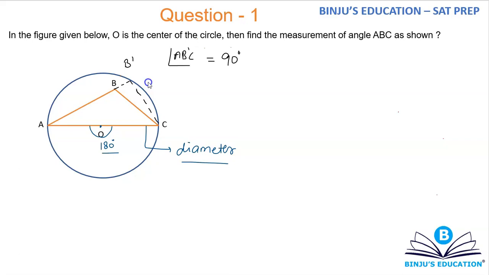We know this property. So if AOC is 180, AB dash C has to be 180 by 2, which is equal to 90 degrees.